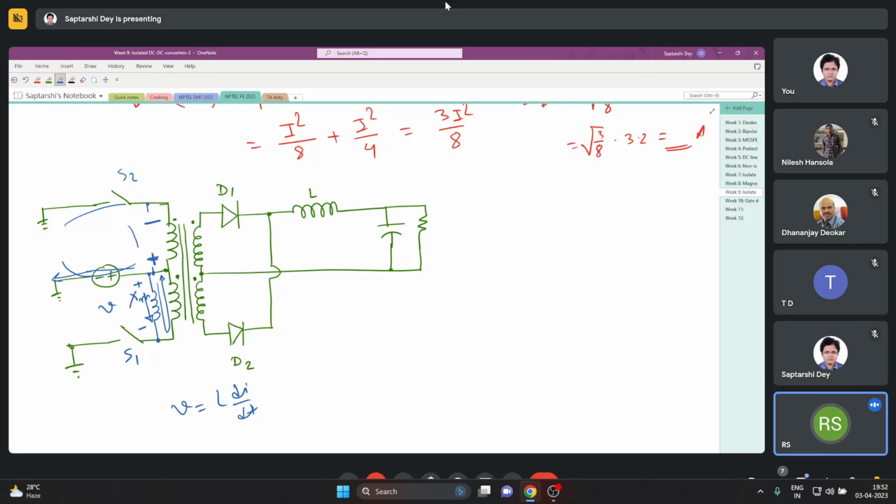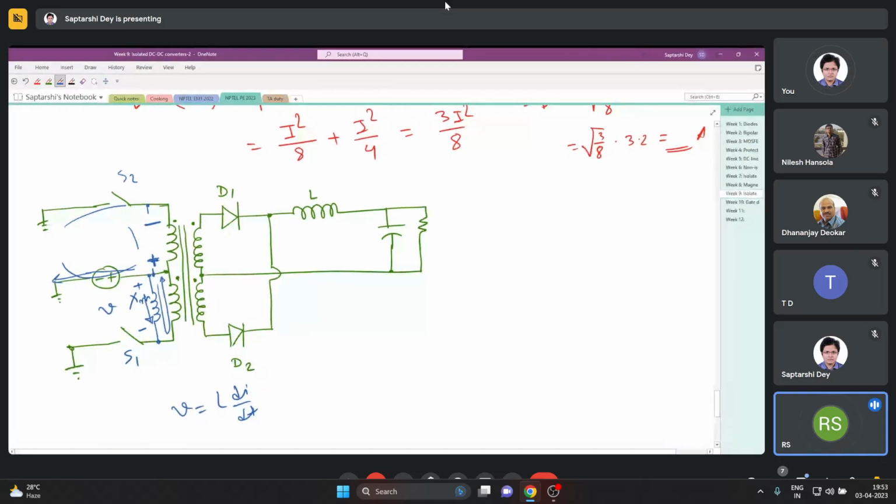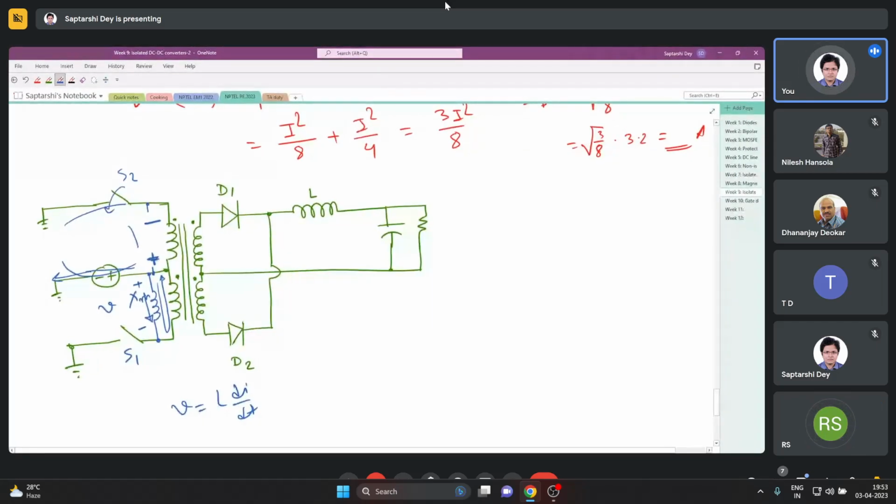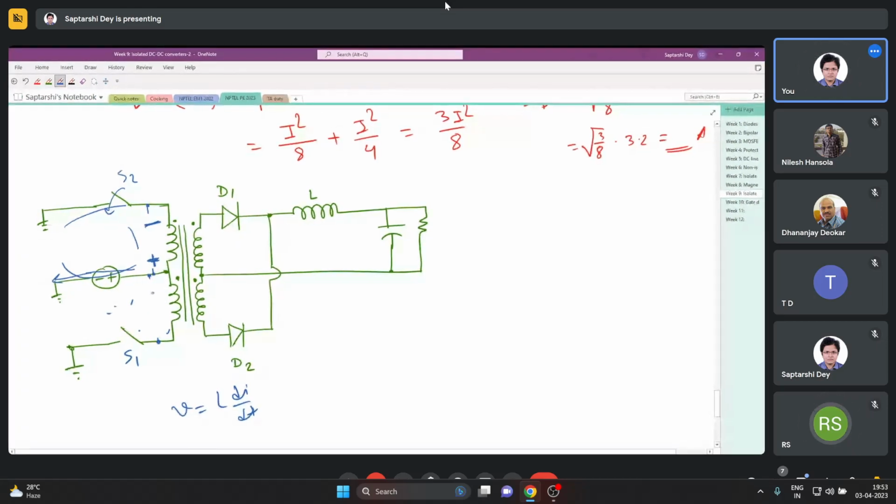Sir, in the next cycle, the inductor will be on the bottom side itself. It will store the energy. Just a minute. Next cycle, if you have to explain it in this way, I turn on S2, so I have a voltage like this. This is an ideal transformer, so this voltage will be reflected everywhere, so in this winding also. So let me clean up some things and draw it once again.